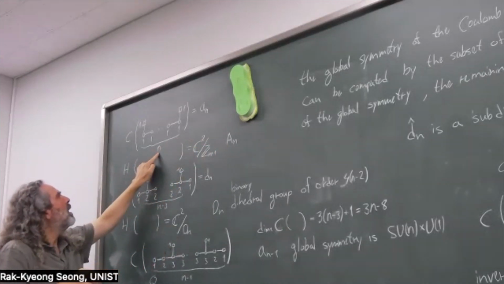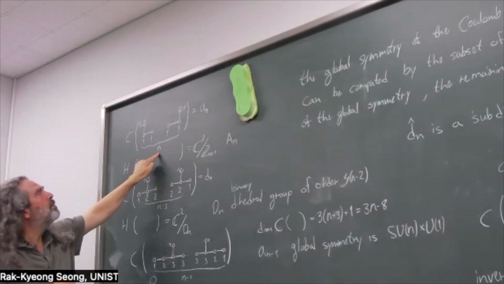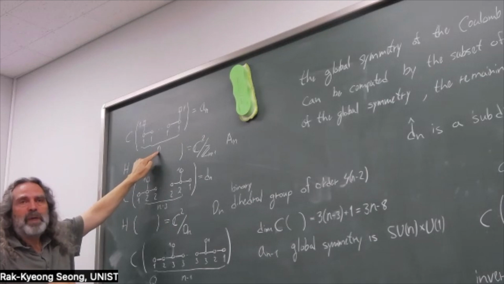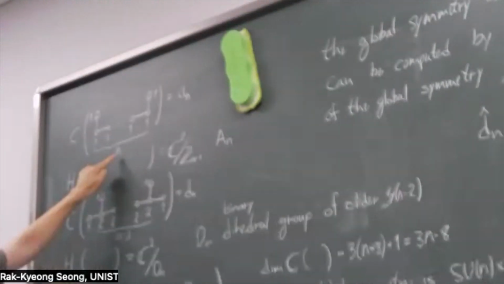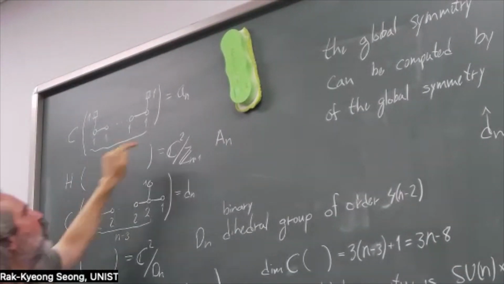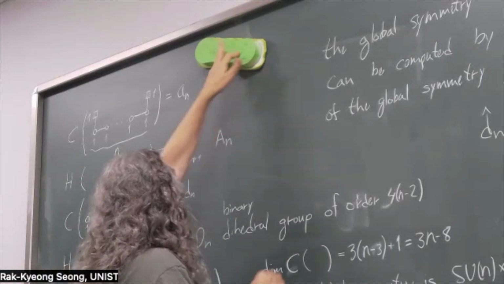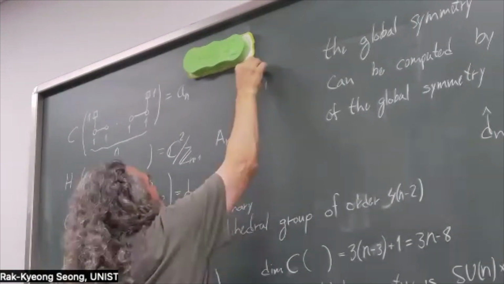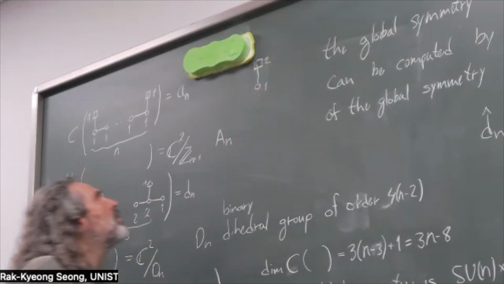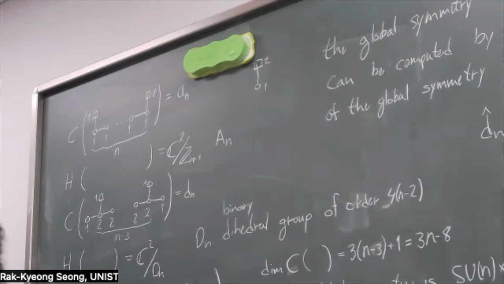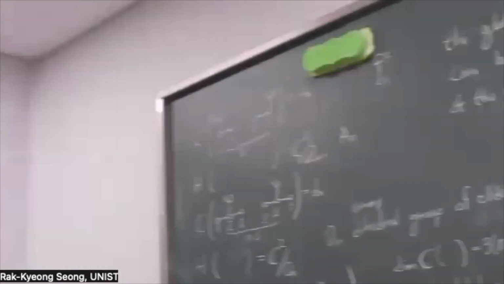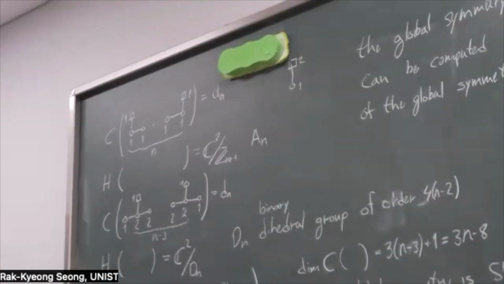If you pick N equal to 1, then for A1 the quiver becomes 1 and 2. So the Coulomb branch is equal to the Higgs branch. No question.